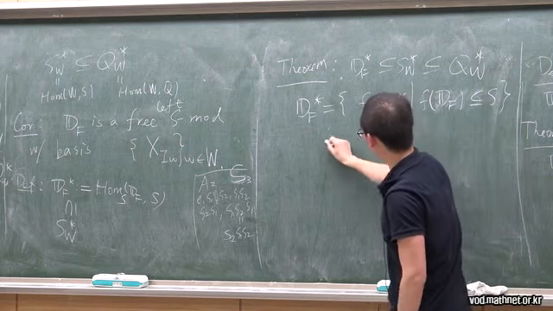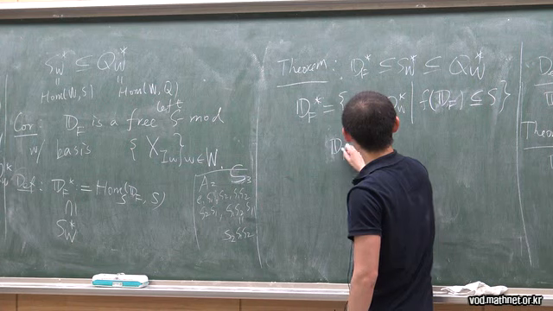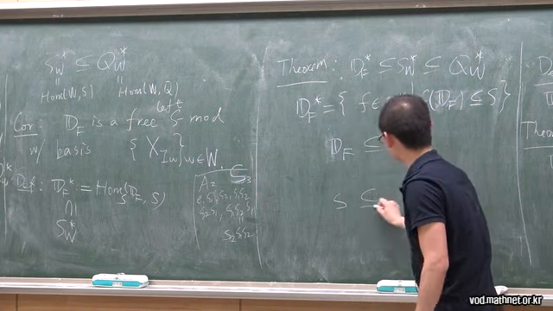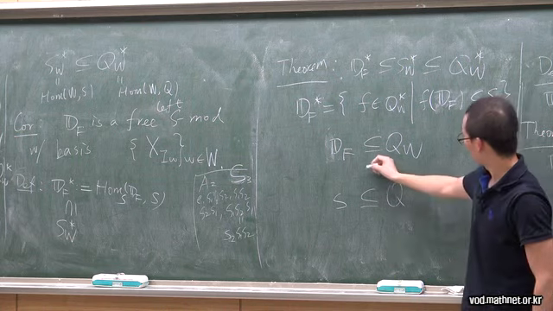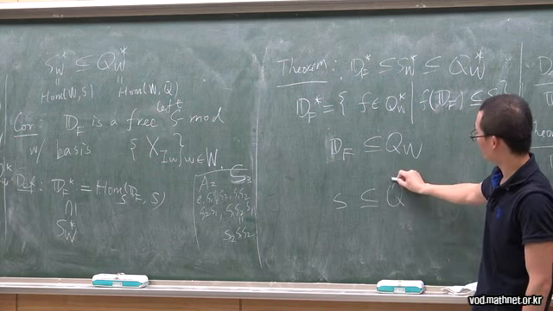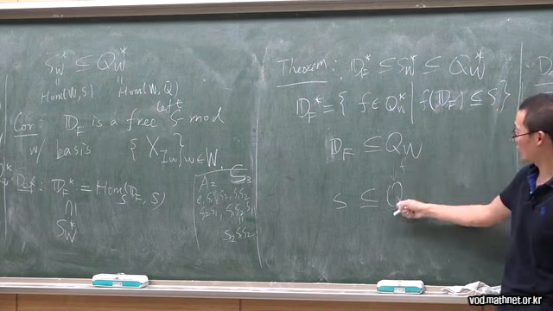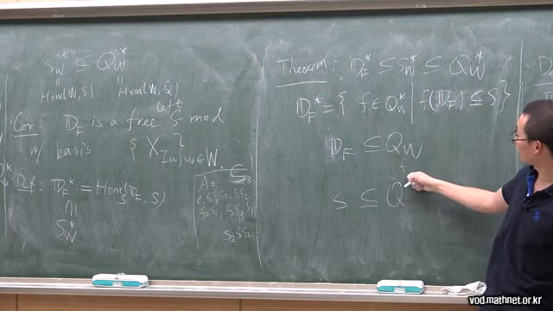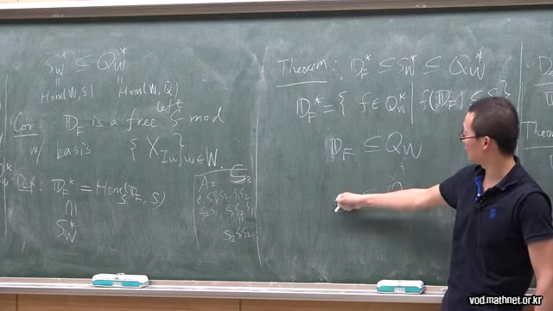So we know that you have P_F inside Q_W and R_F inside Q. A function f means you have something from Q_W star going to Q. And D_F star consists of precisely all such f that map D_F into S.